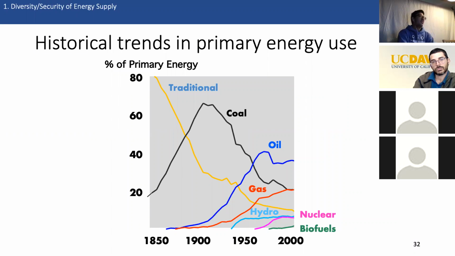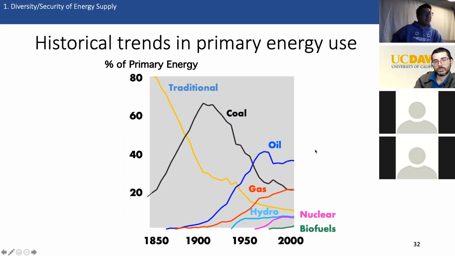The share of energy has changed drastically, though. We can see the yellow line is the traditional biofuels. You can see a big growth in coal that has decreased over time, and the ones that have really increased: since the 50s, there's been a growth in nuclear, but besides that, gas and oil have really taken off.